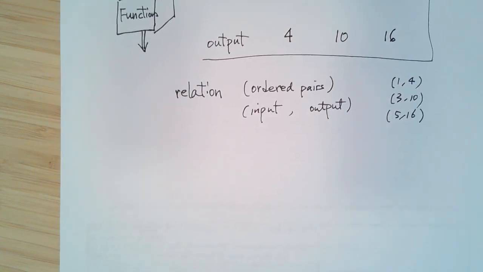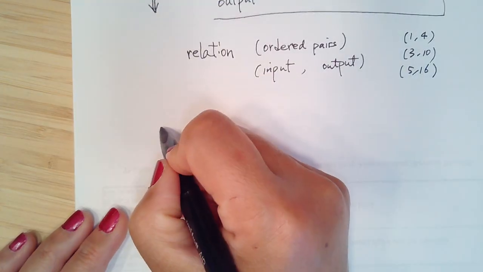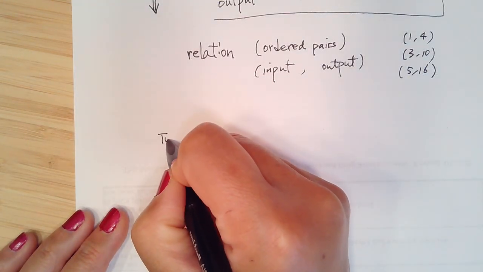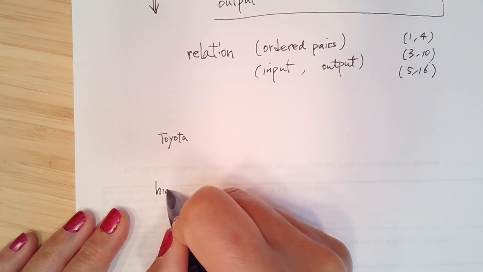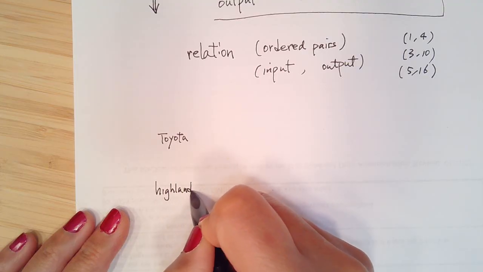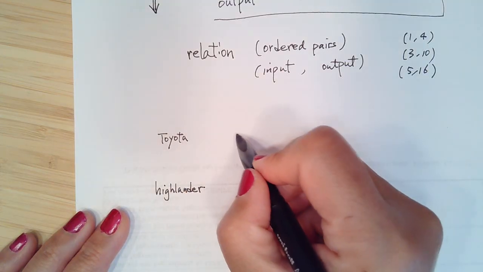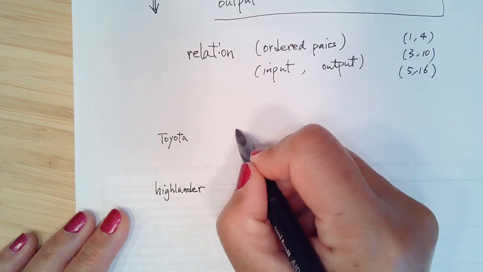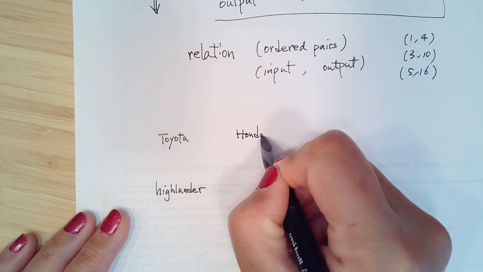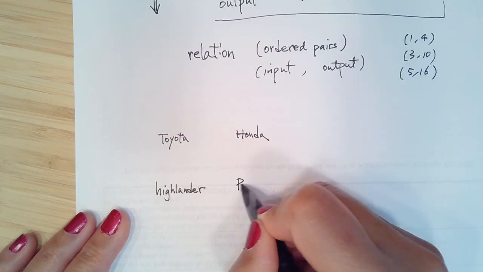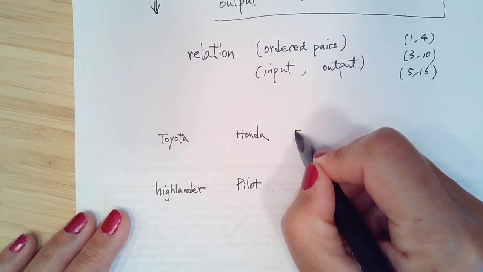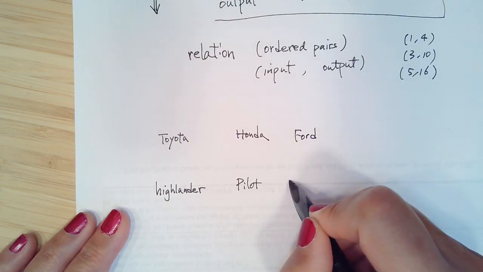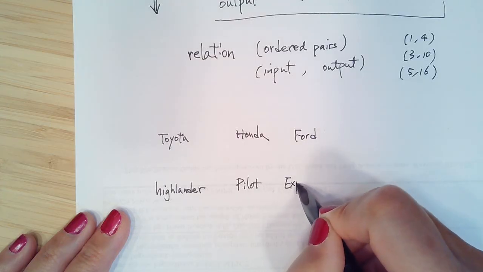Input, output. I give you the input Toyota, and out comes Highlander. I input Honda, and out comes a Pilot. I input Ford, and out comes Explorer.